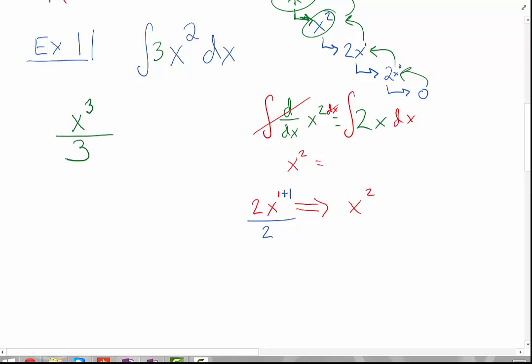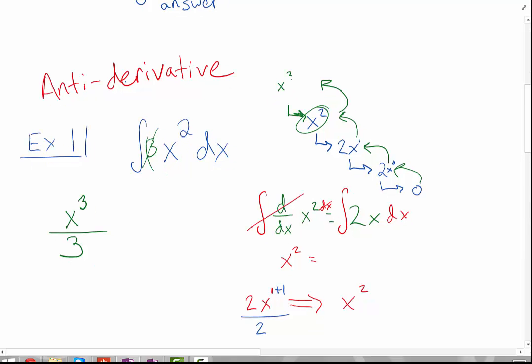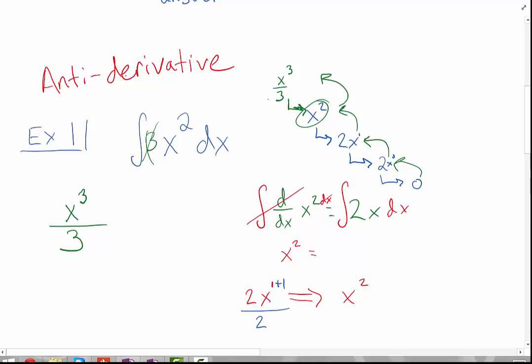Now if I plug this into that ladder, we have x cubed over 3. If we go down, the derivative of that, we bring the 3 up to the front, 3x squared over 3. It is x squared, so this was the derivative.